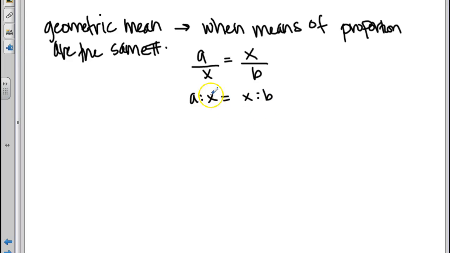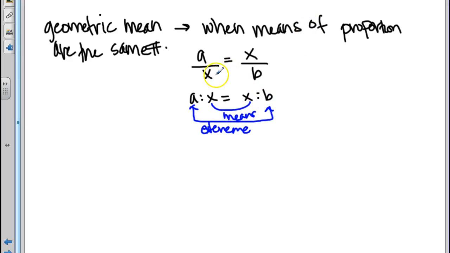I have means and extremes. Remember we talked about the numbers on the outside being the extremes, stretching way out, and the means are in the middle. So you can see the means are the same number, some number x.